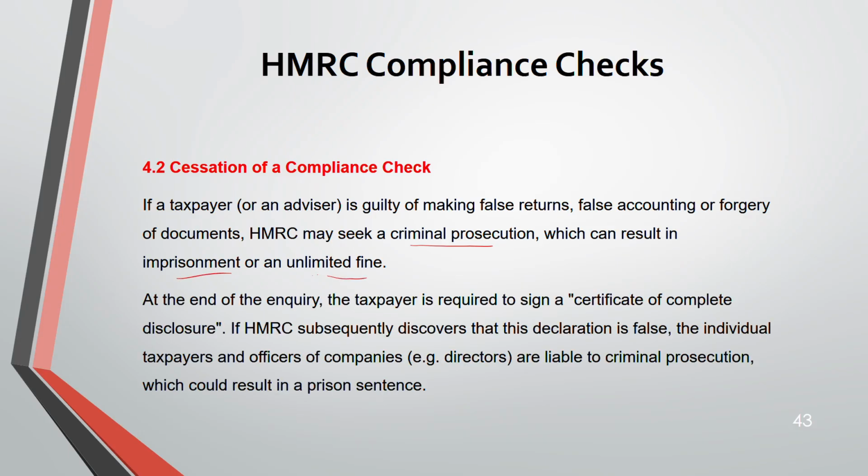At the end of the inquiry, the taxpayer might be required to sign a certificate of complete disclosure. There they will say that they have disclosed everything. But if the HMRC later discovers that this declaration was false, what happens? The individual will be liable to criminal prosecution. They might even be put into prison.